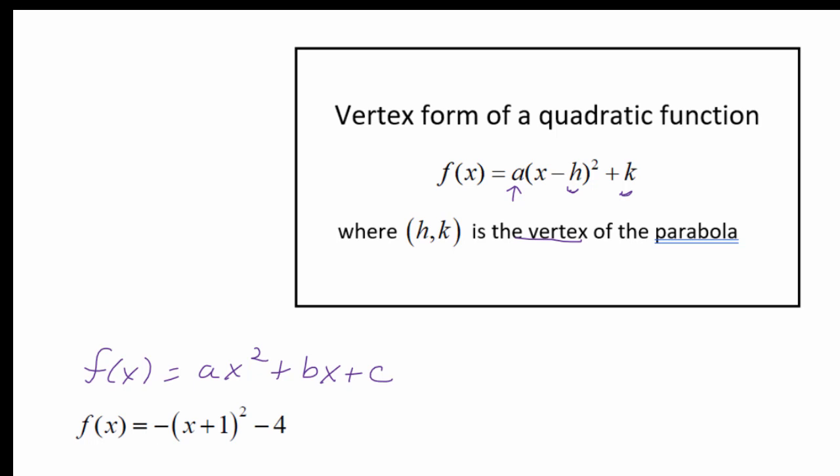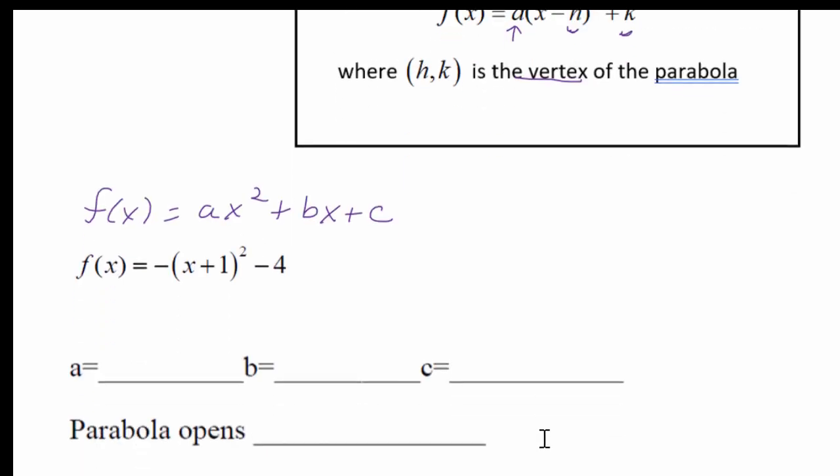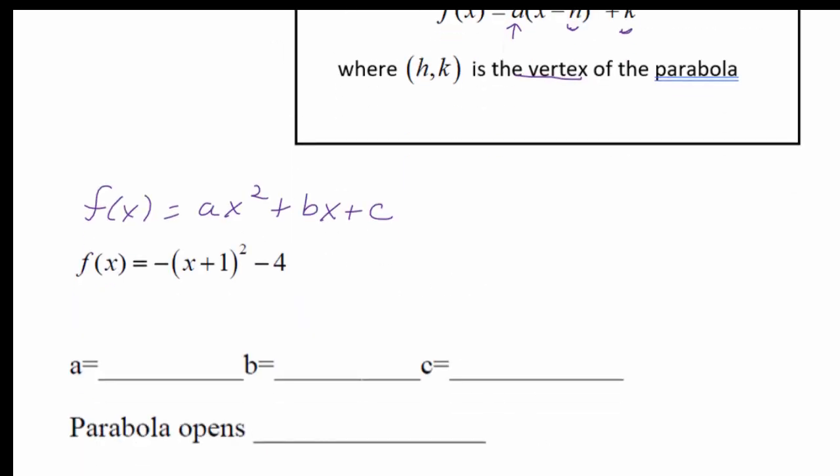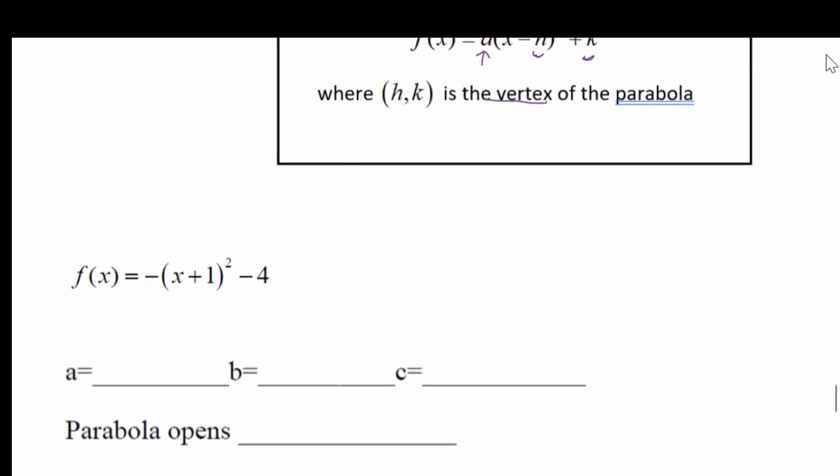So take a look at the function we were looking at. And let me go ahead and put that here, this new vertex form. I'm going to rewrite that new form that we just discussed, vertex form. f of x equals a times x minus h squared plus k. And we've got that form here, okay?